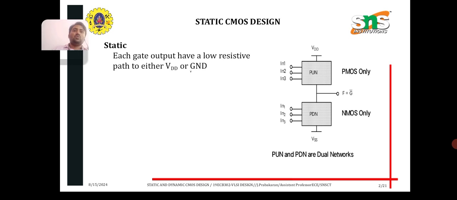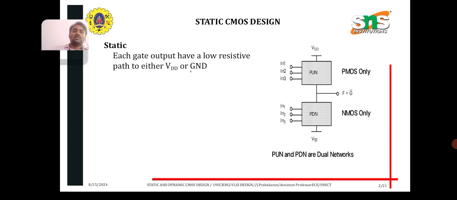These are used to pull the output high, which means logic 1, and to pull the output low, which is logic 0. The combination ensures that at least one of the transistors is off at any given time, minimizing direct current from supply to ground.